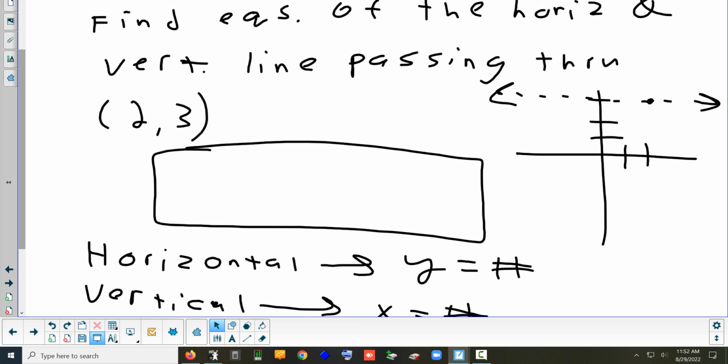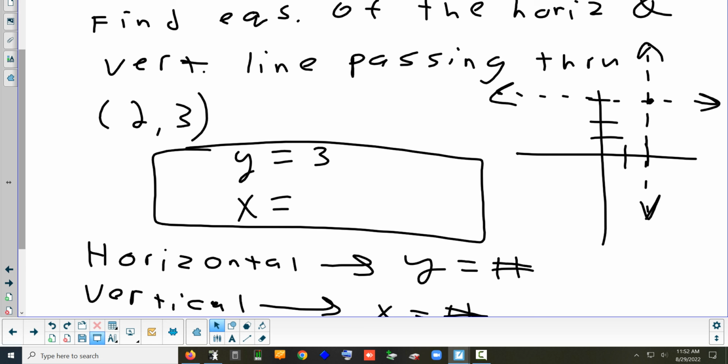Horizontal lines always have an equation y equals a number. In this case, y equals what number would go through the point 2, 3? 3. Vertical lines, which you cannot graph on the calculator, always have the equation x equals a number.